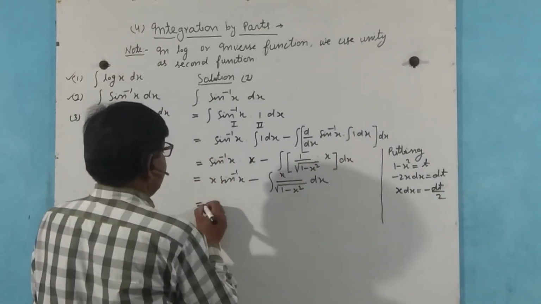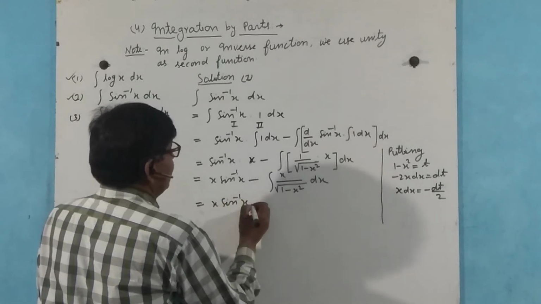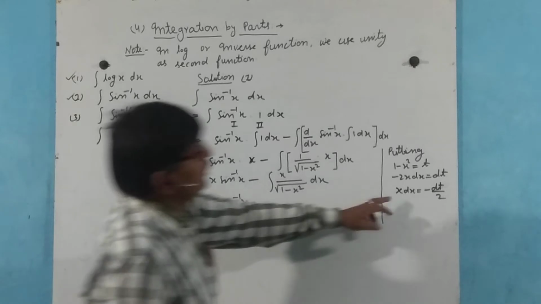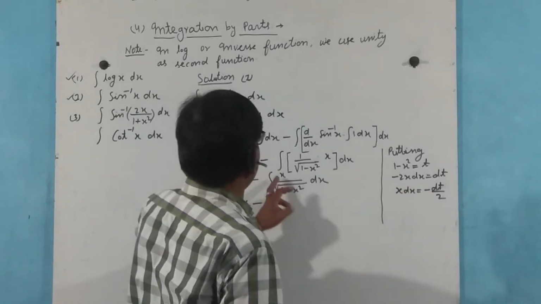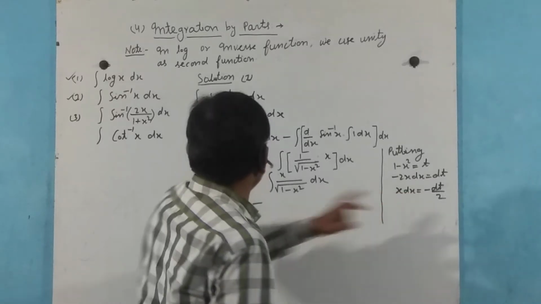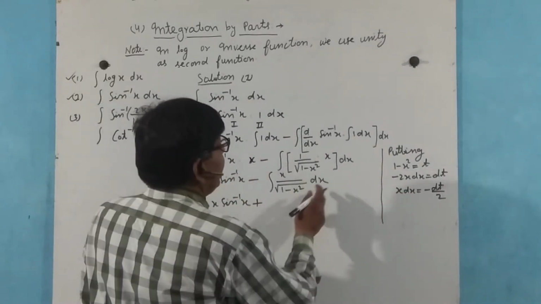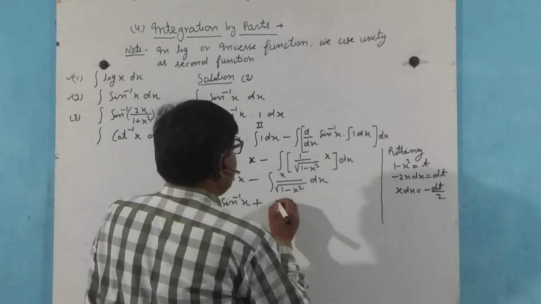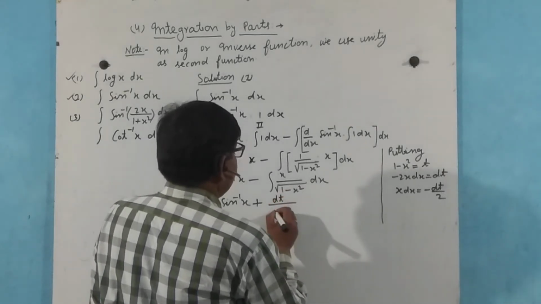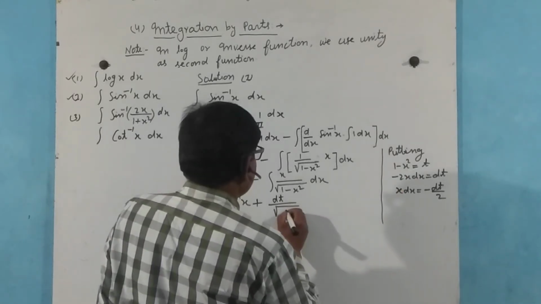So this comes here: x sin inverse x, and x dx equal to minus dt by 2. This minus and this minus give a positive, and dt by 2, dt by under root t, where 1 minus x square equal to t.